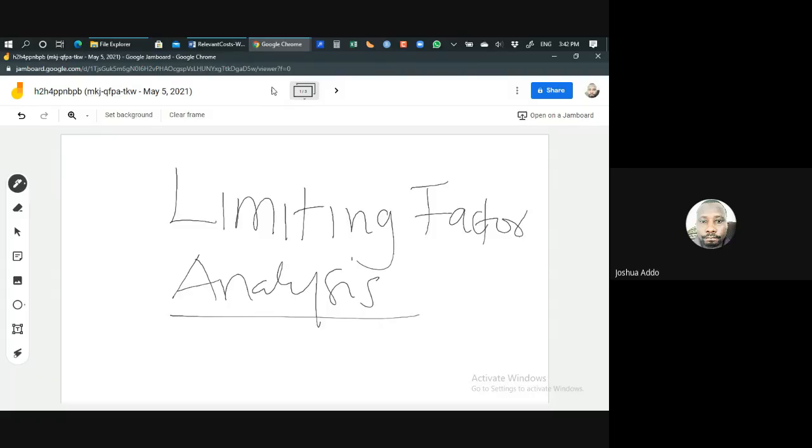What is limiting factor analysis? We all understand that in the whole world, we do not have the resources to do all the things that we want to do.